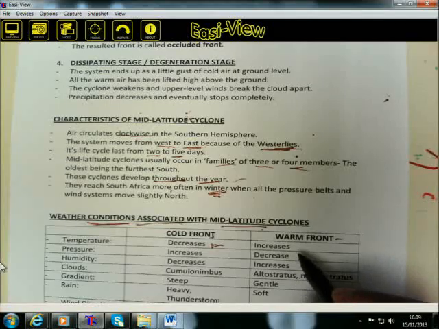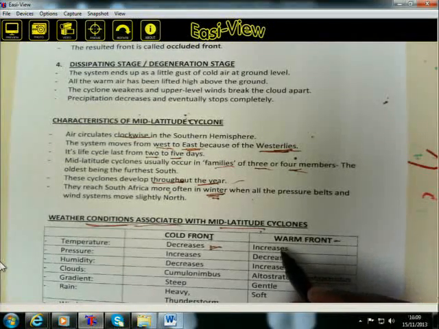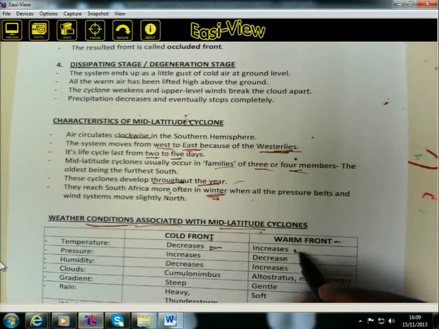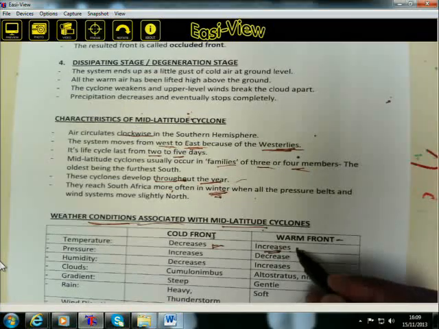But when the warm front approaches, the temperature will increase. Why does the temperature increase when the warm front approaches? It is because the warm air is approaching. The warm air is coming, meaning that the temperature will slightly increase.